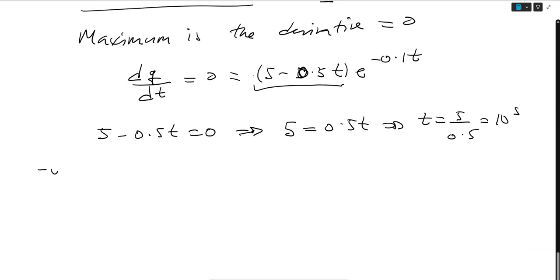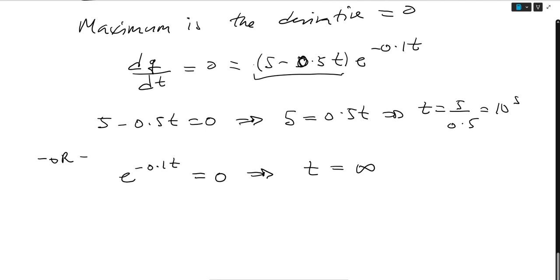Now, if you remember from algebra, it also means that e to the minus 0.1 t can also equal 0. So that means that t is equal to infinity. That's when that happens. So now, which one is the maximum and which one is the minimum?